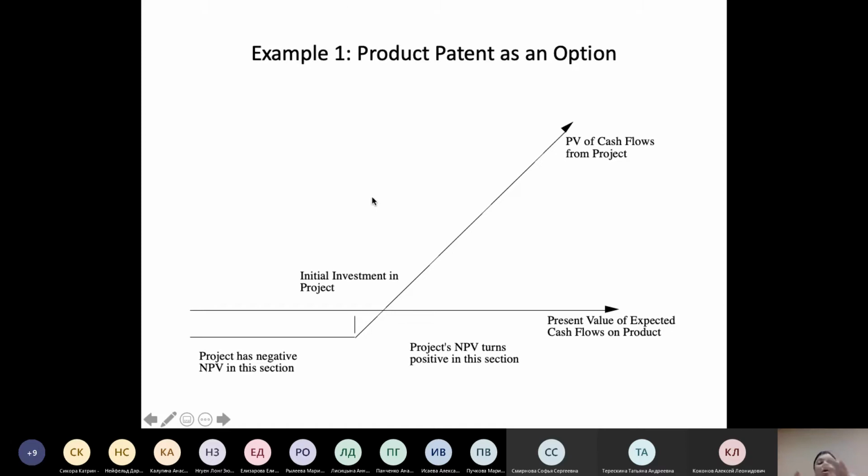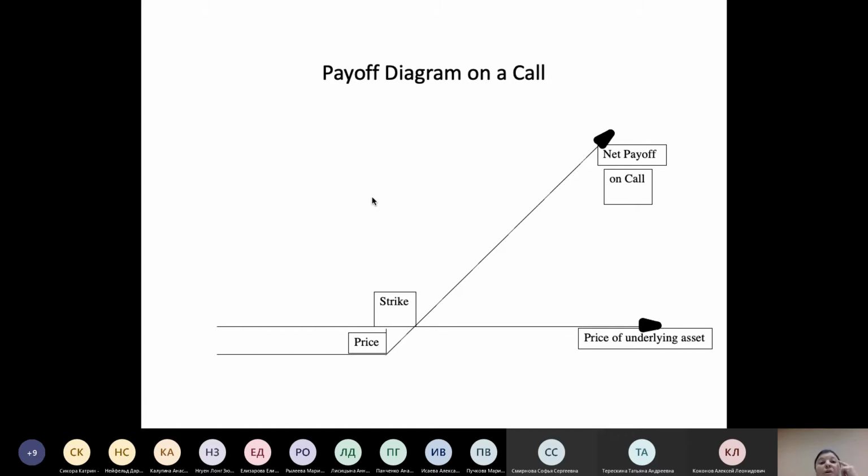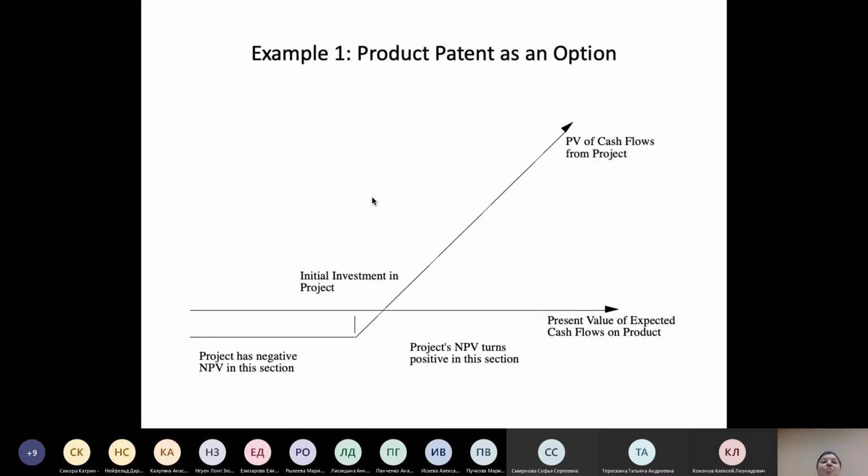In this slide, if we are moving from the classical diagram of a call option to our product patents as an option, our initial investment in the project can be named a kind of strike price in this case, and we are transforming from negative net present value in this section to positive net present value in the second section, and the present value of expected cash flows of the project is on the X line, and the project's net present value turns positive in this section, as you can notice.